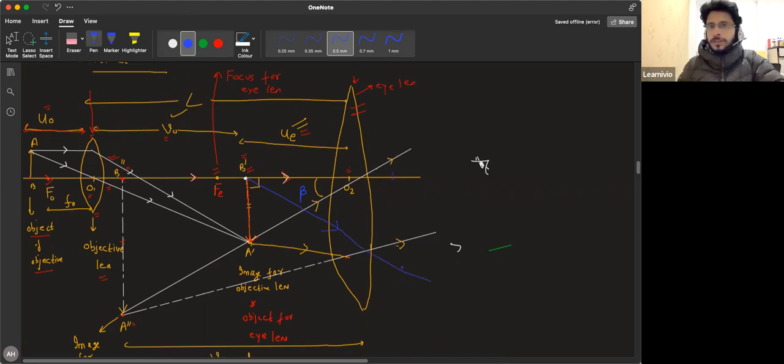So this and this ray will diverge, and if you produce them in the backward direction, they appear to meet at some point. But just to make the ray diagram simpler, we don't draw this ray. The rays will come from B also, so there are various rays coming from B. This is a ray coming from B. This and this ray will get diverged. So when you produce these two rays in the backward direction, they appear to meet at a point, which is your B double prime.